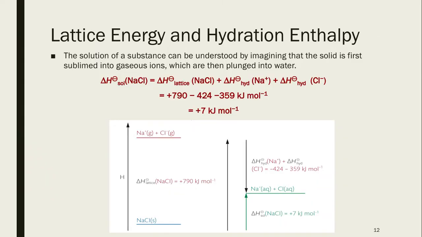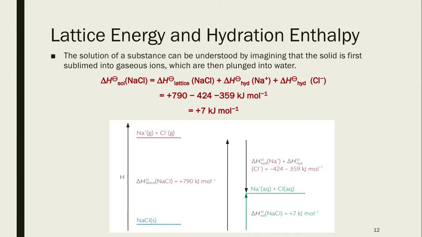So now we're going to bring in that lattice enthalpy that we were discussing in the previous lessons. And how do we take the hydration enthalpy to calculate our enthalpy of solution? So the solution of a substance can be understood by imagining that the solid is first sublimed into gaseous ions, which are then plunged into water.